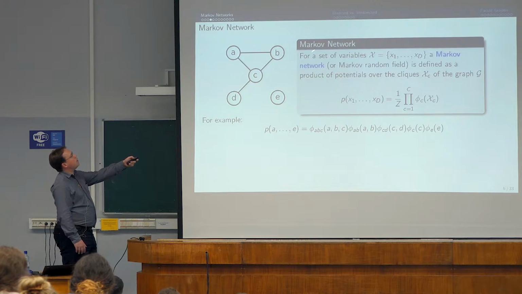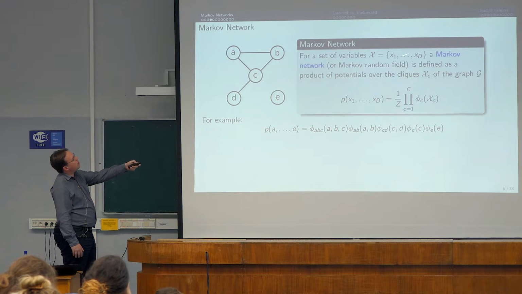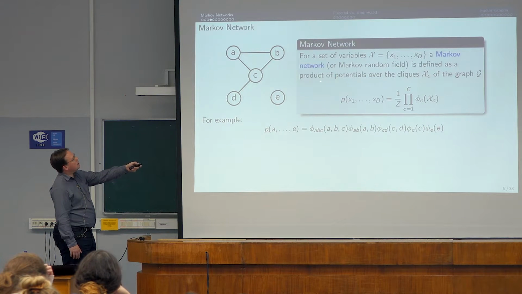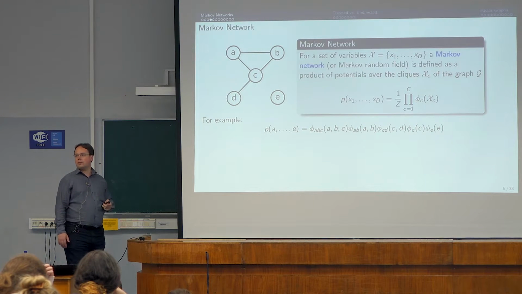So we defined what a Markov model is. A Markov network for a set of variables is a product of potentials, and each term that enters this product is evaluated on a subset of the variables. In fact, for a Markov network, the set that we evaluate here has to be cliques of the graph.